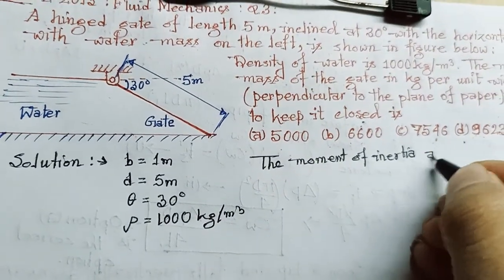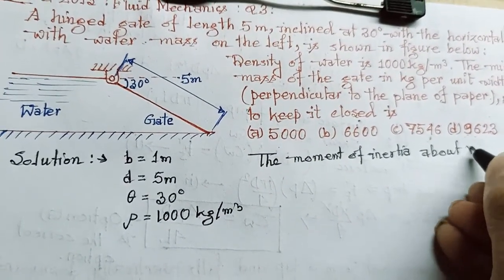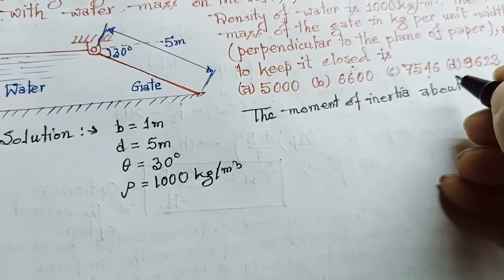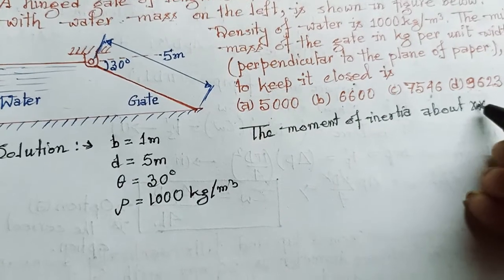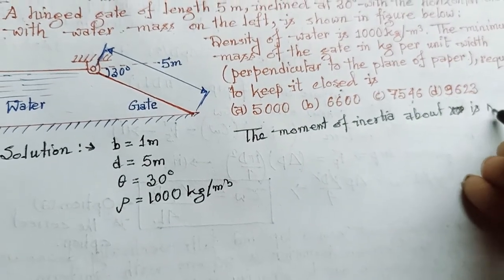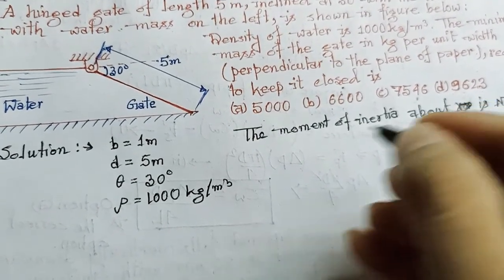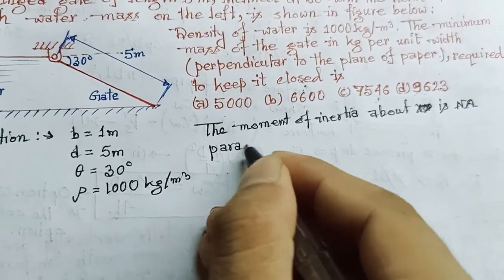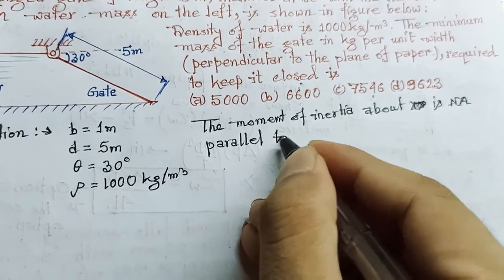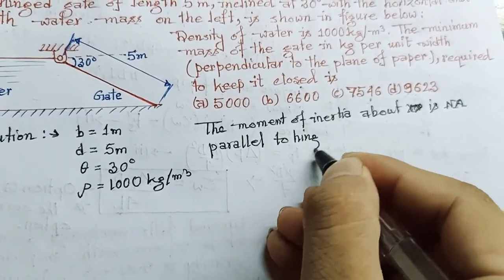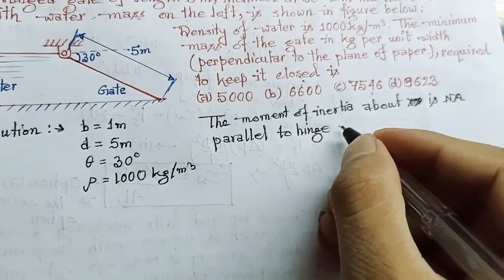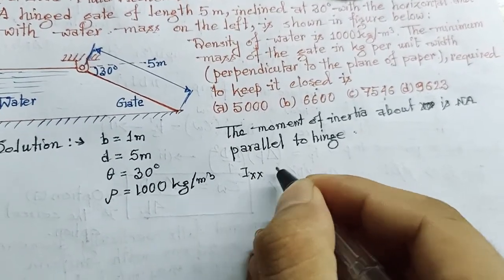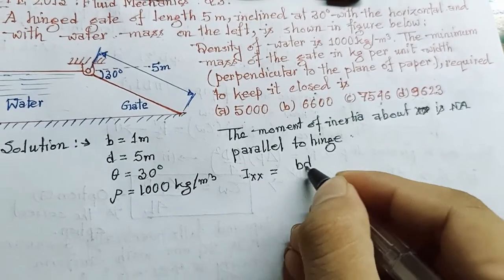Now the moment of inertia about xx, about its neutral axis parallel to hinge, will be equal to Ixx, that is equal to BD cube divided by 12.